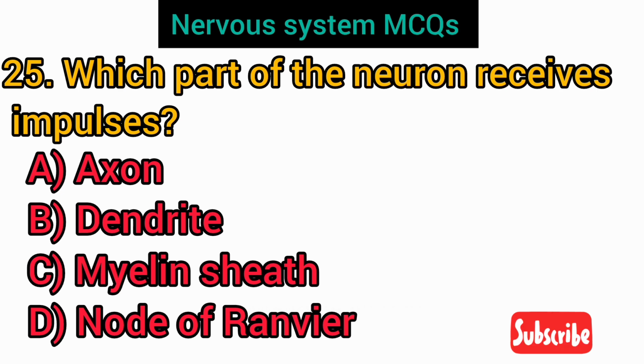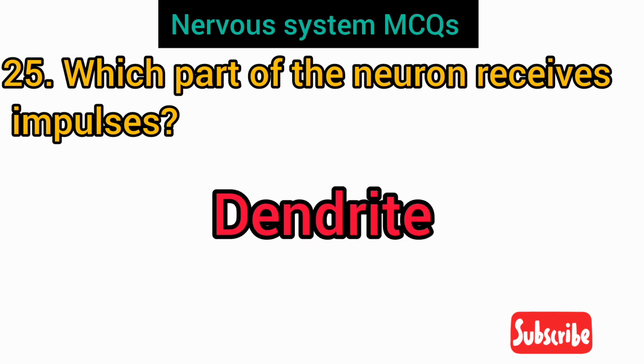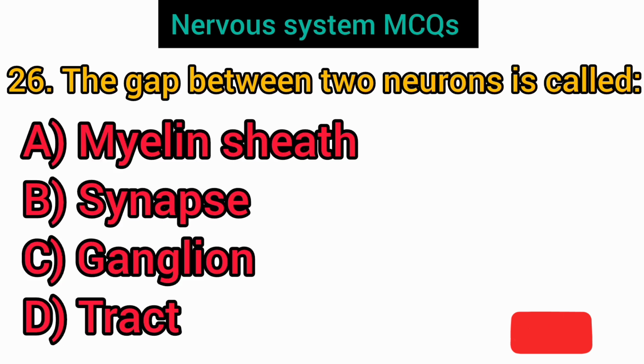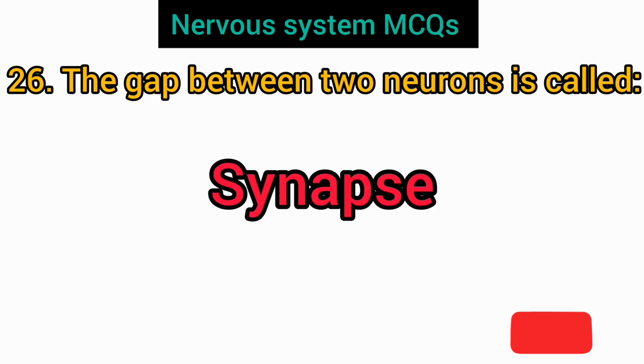Which part of the neuron receives impulses? Dendrite. The gap between two neurons is called synapse.